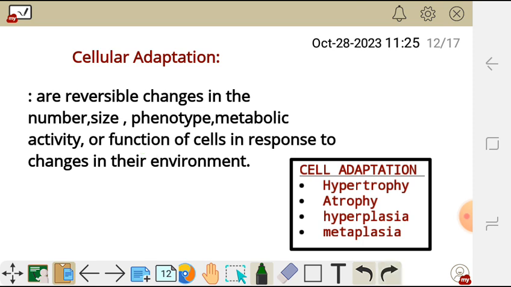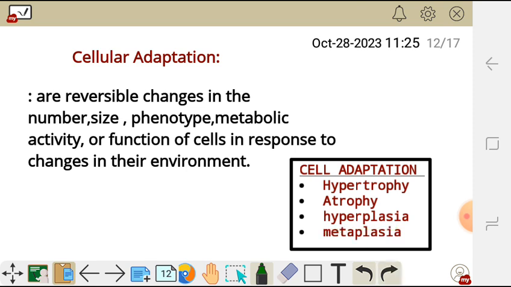As I have already said, it is of four types. The cell will try to adapt via hypertrophy, atrophy, hyperplasia, and metaplasia.